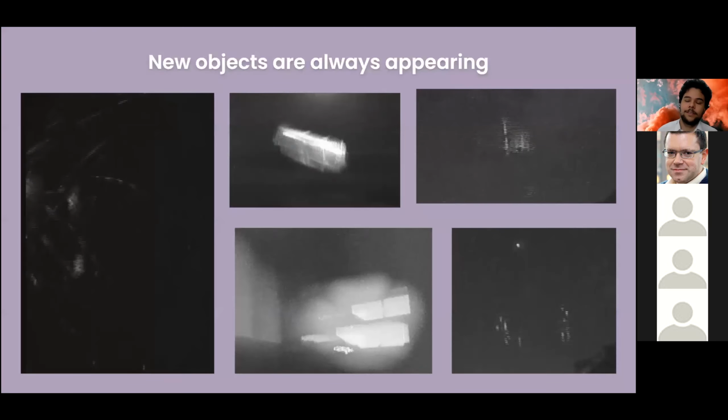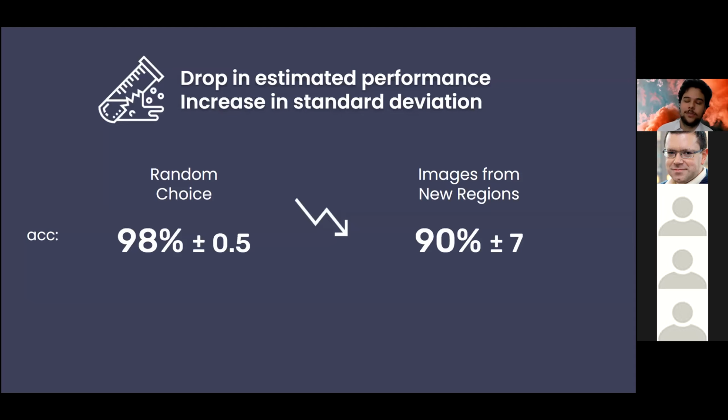Every region will have false positives that are new, things that haven't happened before. So we also did this experiment trying to predict on images from new regions, and we saw an even greater drop. We also saw an increase in standard deviation.